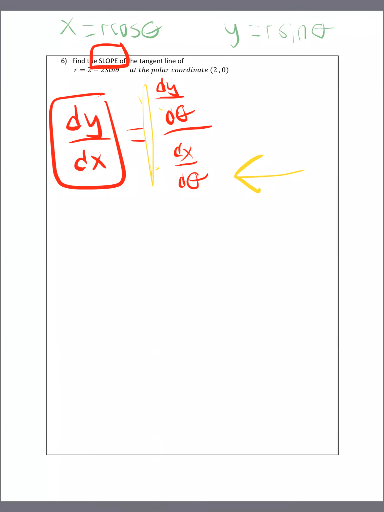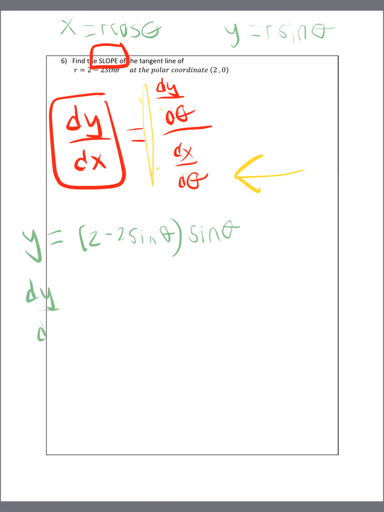Okay, so you're going to plug in r into, I want to do y first. Let's do y first. y is 2 minus 2 sine of theta in the parentheses, and then outside of the parentheses, you write sine of theta again. Perfect. Next, you write dy over d theta.